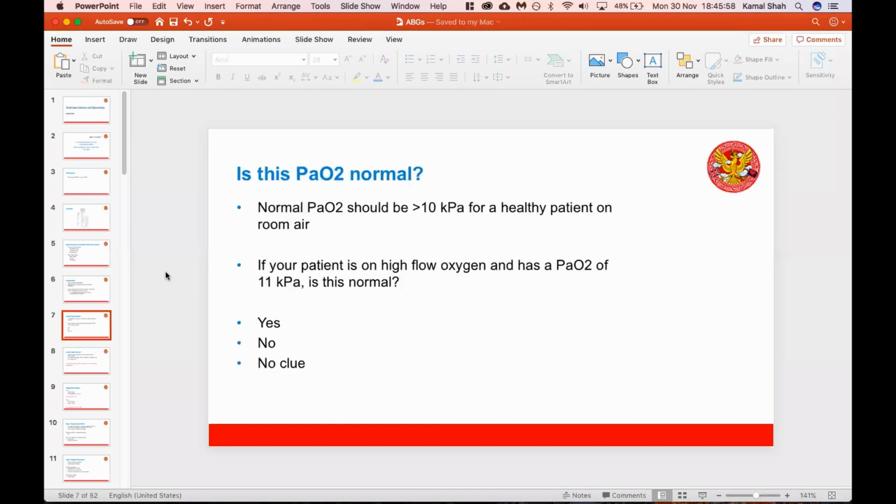Okay. So the first piece of information that you should probably remember from this talk is that the normal PaO2 should be above 10 for a healthy patient on room air. So if your patient is given high flow oxygen and has a PaO2 of 11, this is probably abnormal, because due to the high percentage of inspired oxygen, we'd expect the concentration of oxygen to be a lot higher.